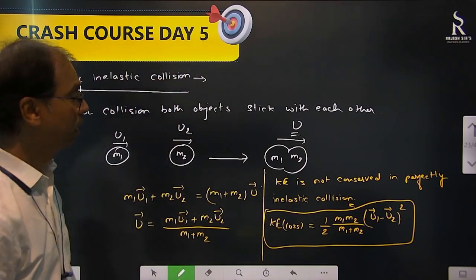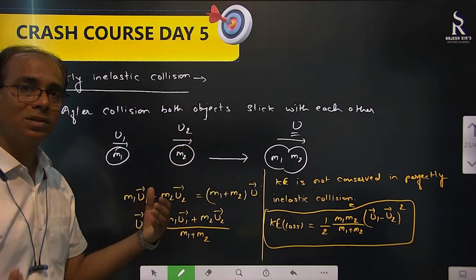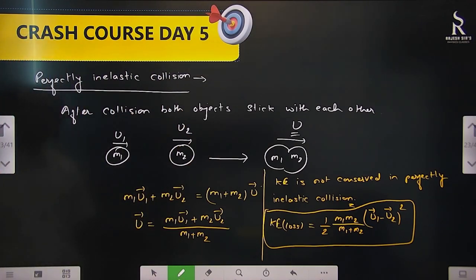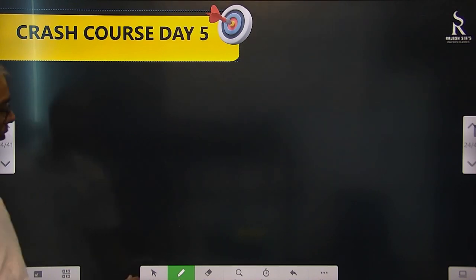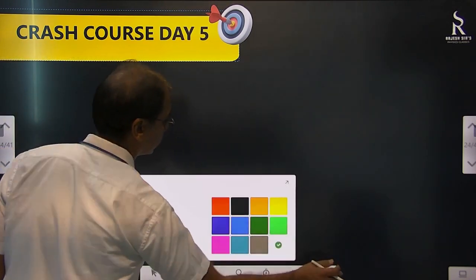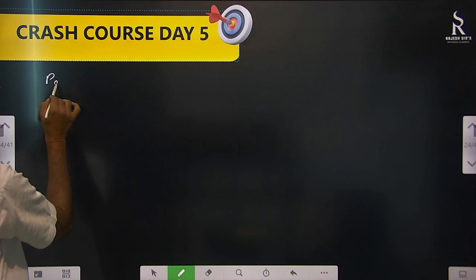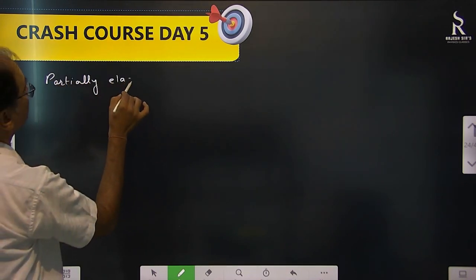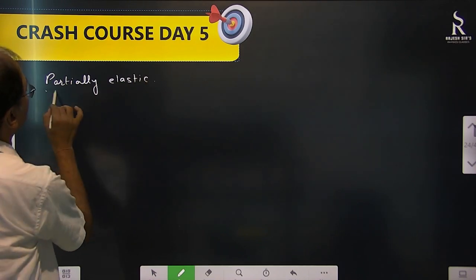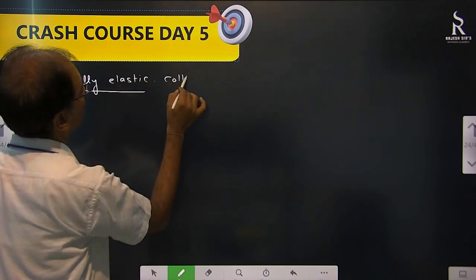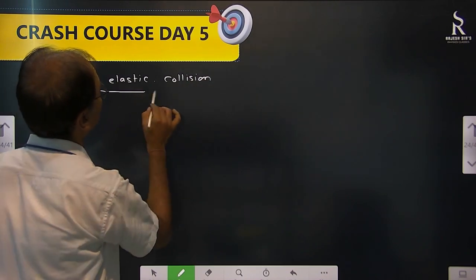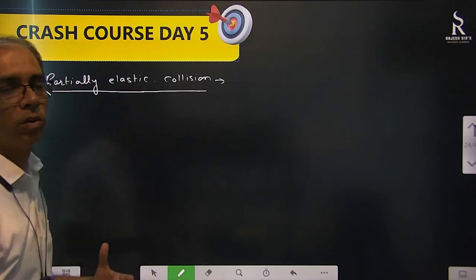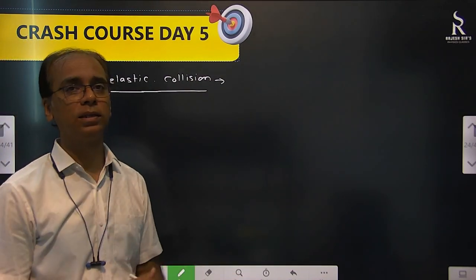And what is perfectly inelastic? When both the bodies are going to stick with each other. Okay, that's perfectly inelastic. And then what was partially inelastic, or partially elastic? In this one, if we try and understand all types of collisions, what happens in perfectly elastic collision?